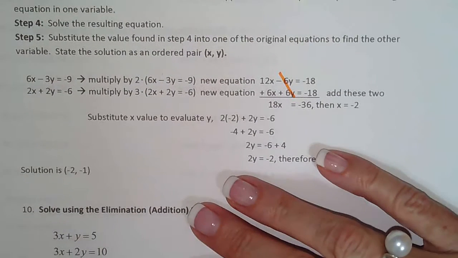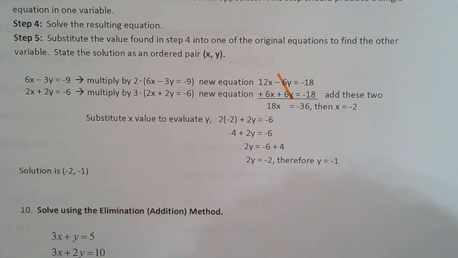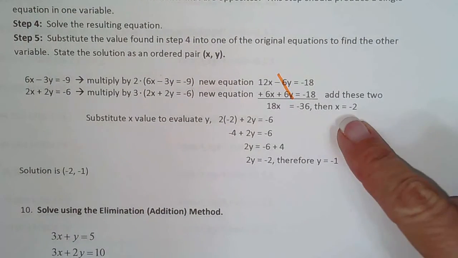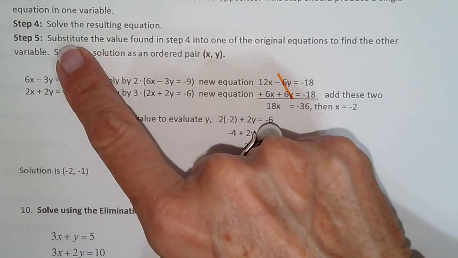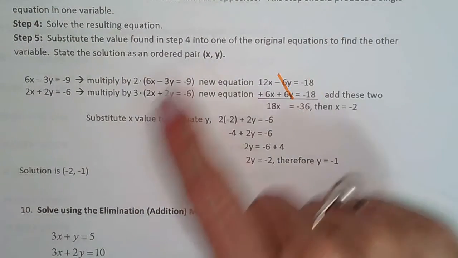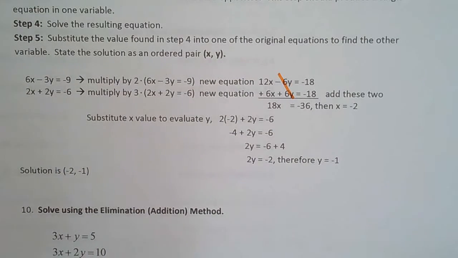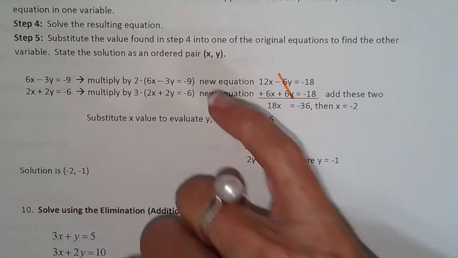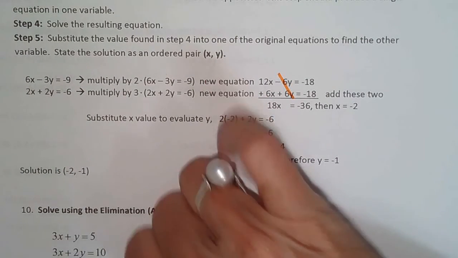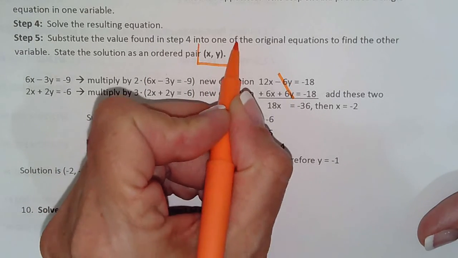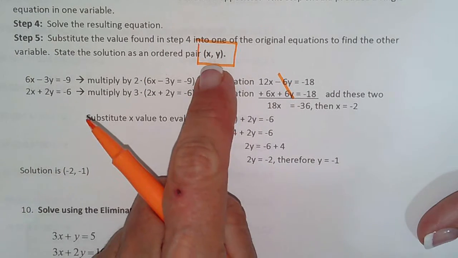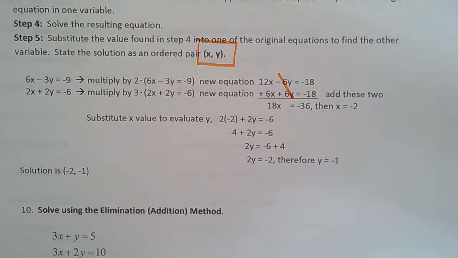We solve the resulting equation. Divide by 18, and we get our x or our y. And then we substitute that x or y into one of the original equations to find the other variable. And as usual, we always write our answer as an ordered pair, because remember, solving means finding the point of intersection.